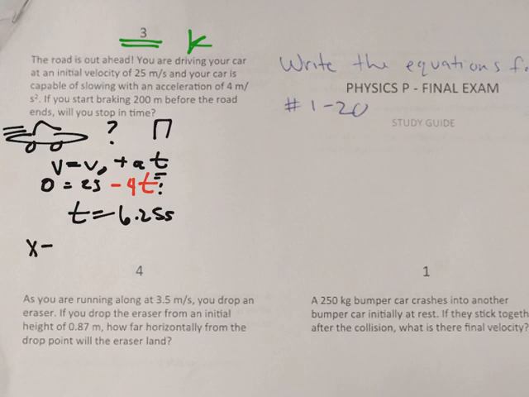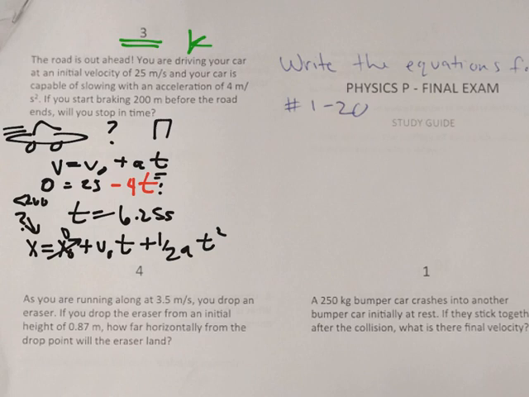Now you need to figure out, is 6.25 seconds going to get you to brake within 200 meters? This is where your position problem will be helpful. So we could say that our x is 0, and hopefully this answer should be less than 200. If it's more than 200, we hit. So plug in your numbers again, where this is 25.